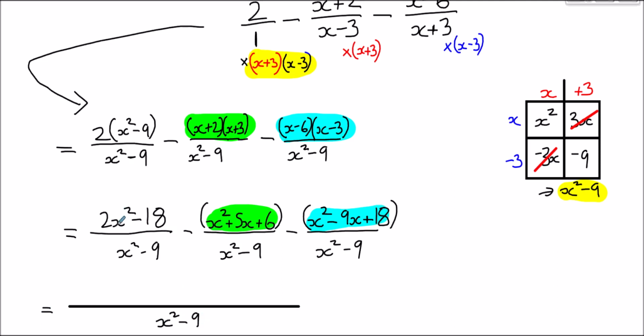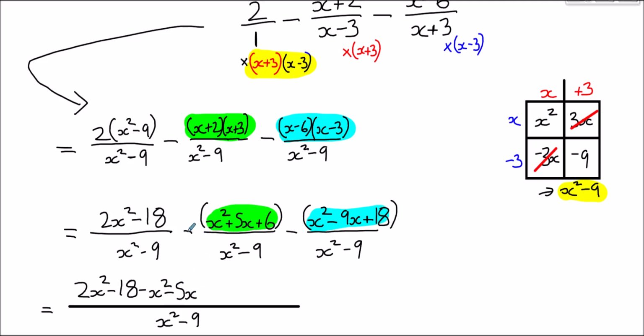So first of all, this one is just 2x squared minus 18. That's easy enough. Now I'm subtracting away all of this. So I'm taking away a normal x squared, so that's just minus an x squared. I'm now subtracting positive 5x. If I take away normal 5x, that's just minus 5x.